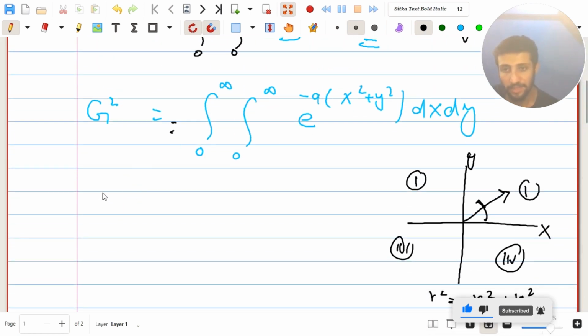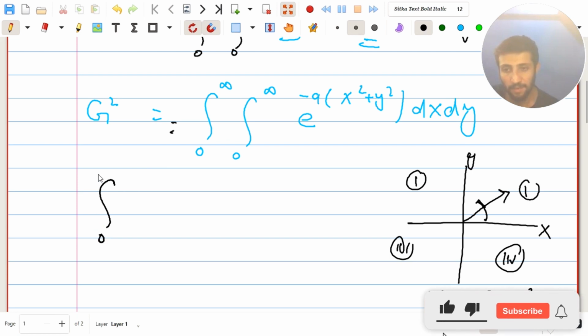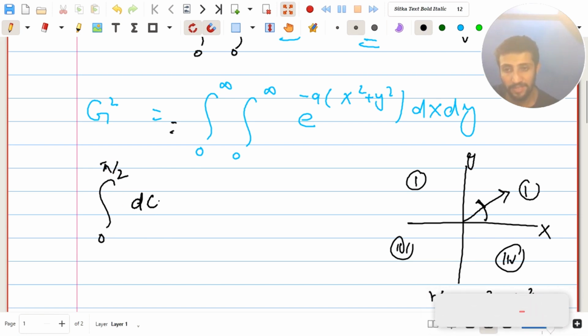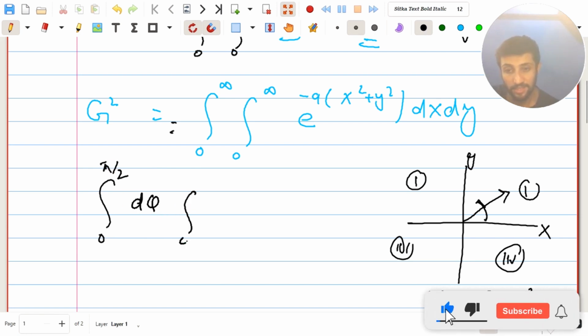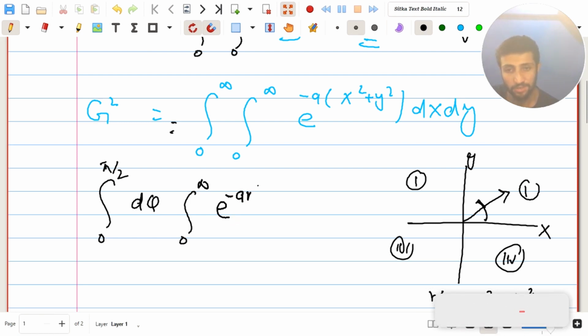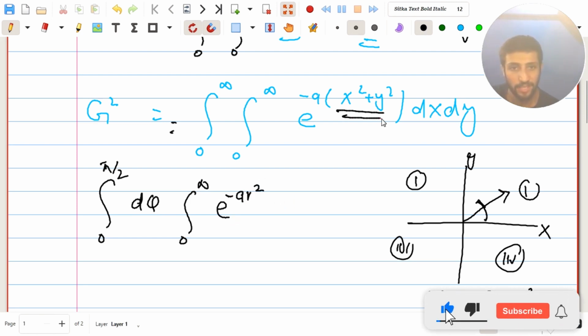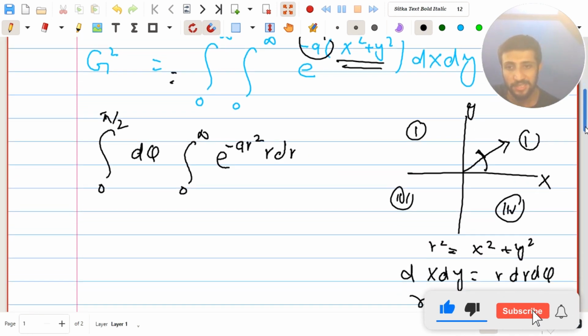I get 0 to pi over 2 d theta, and 0 to infinity e to power minus a r square, where a r square is simply a into x square plus y square, and here I will get simply r into dr.